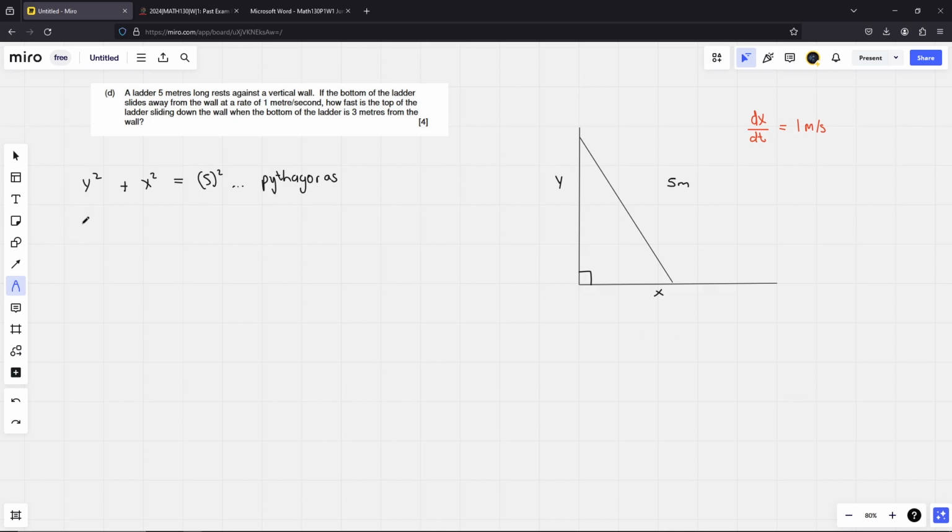So let's isolate my y variable, because that is what I'm interested in. So y squared is going to be equal to 25 minus x squared, and taking the root of both sides, I get that y is then equal to the root of 25 minus x squared.